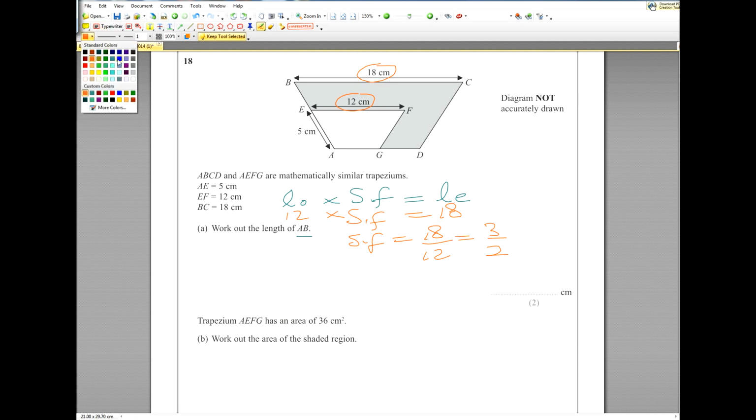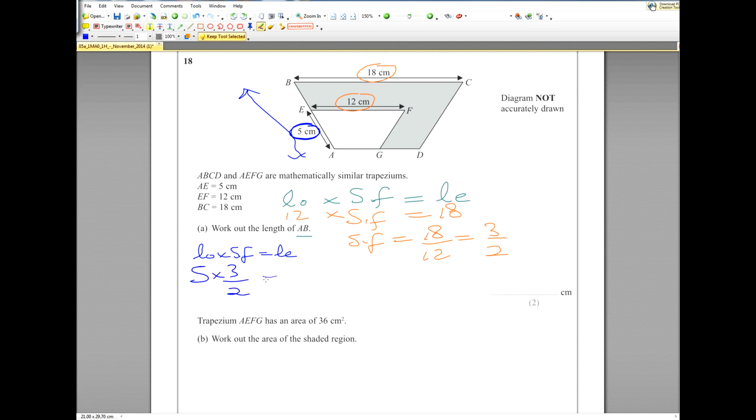Let's change colors again. Now where's AB? AB is from here to here. So we can say again, length of the original times the scale factor gives you the length of the enlarged. What is the original length? Original length is 5. 5 times 3/2 will give me the length of the enlarged, which is AB.